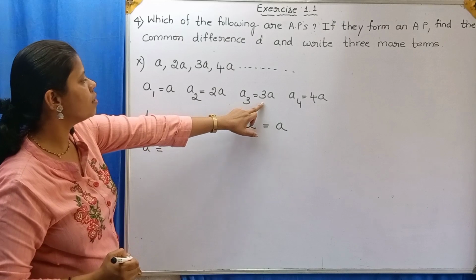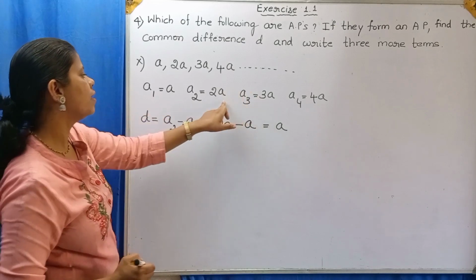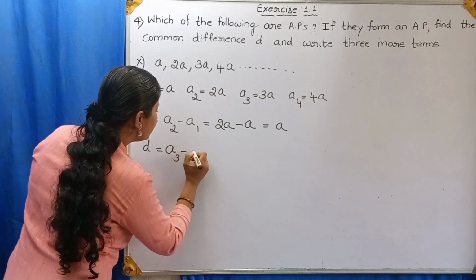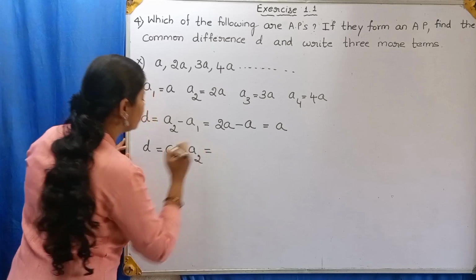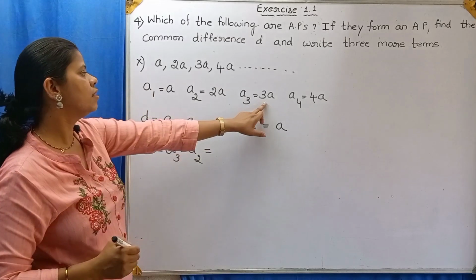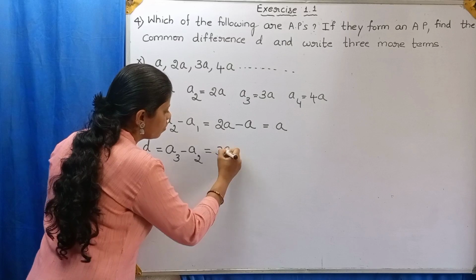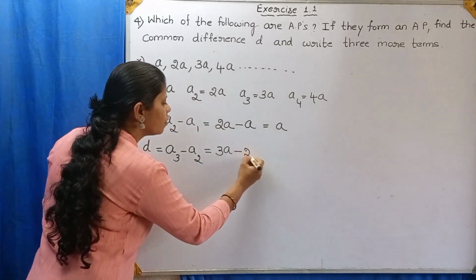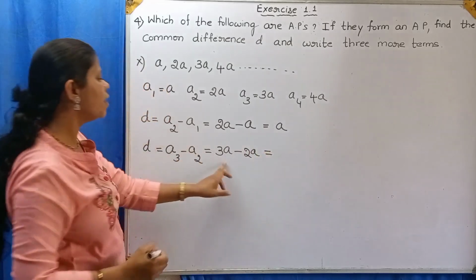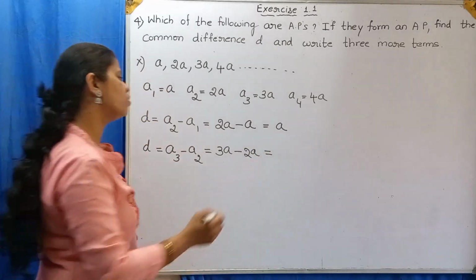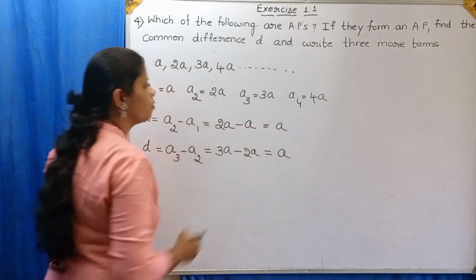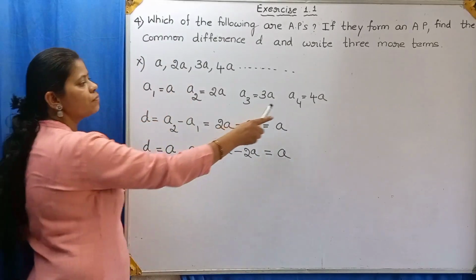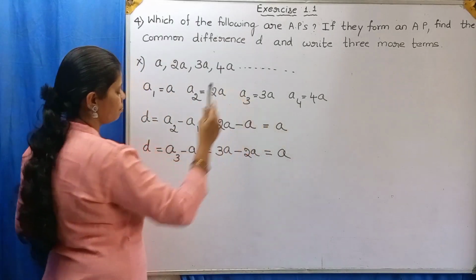Now let us find out the difference between these two. That is A3 minus A2. See here, A3 is what? 3A. Minus A2 is what? 2A. 3A minus 2A. It is what? A.